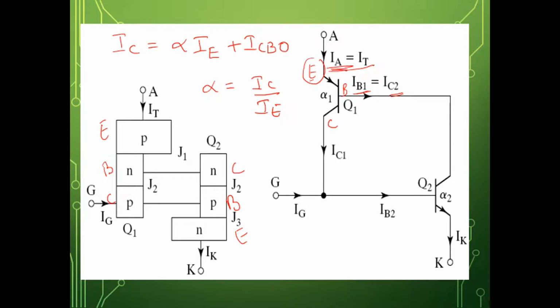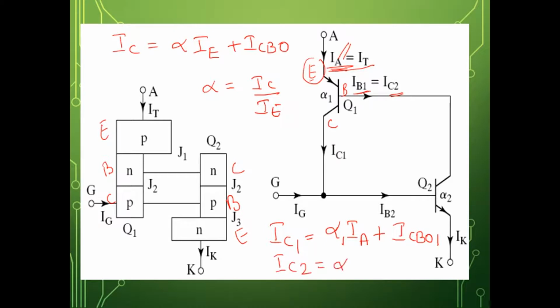For our first transistor, IC1 is equal to alpha 1 into the emitter current, which is IA, plus ICBO1. Okay, fine. Now for our second transistor, how can we write it?